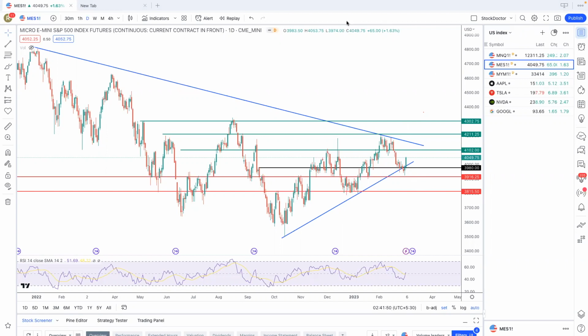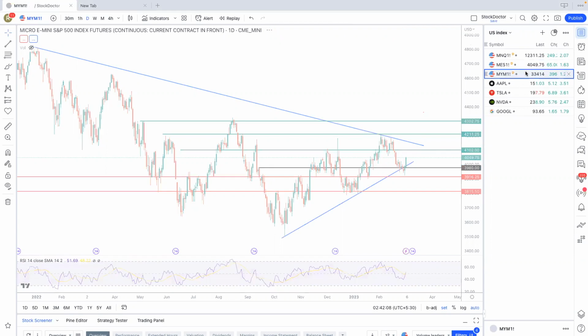But looking at the Friday's closing and weekly closing, it looks like last week market was consolidating and going a little bit down, but the Friday closing was so strong, and I think market might give upside from here.